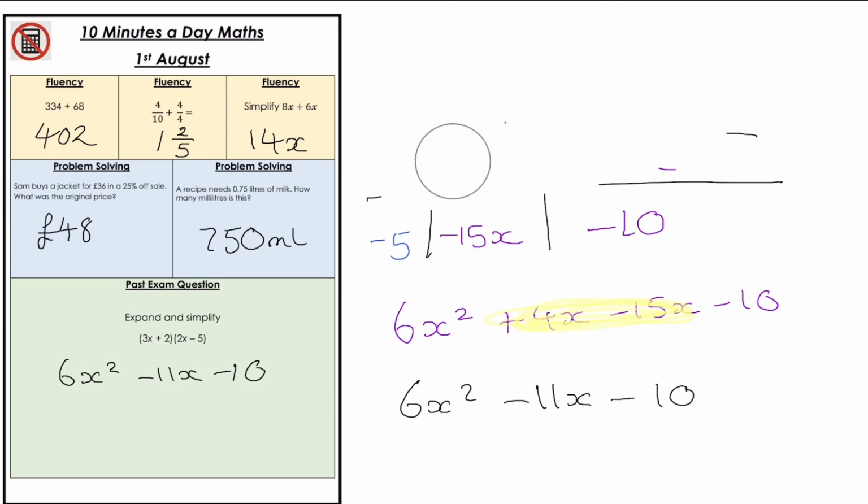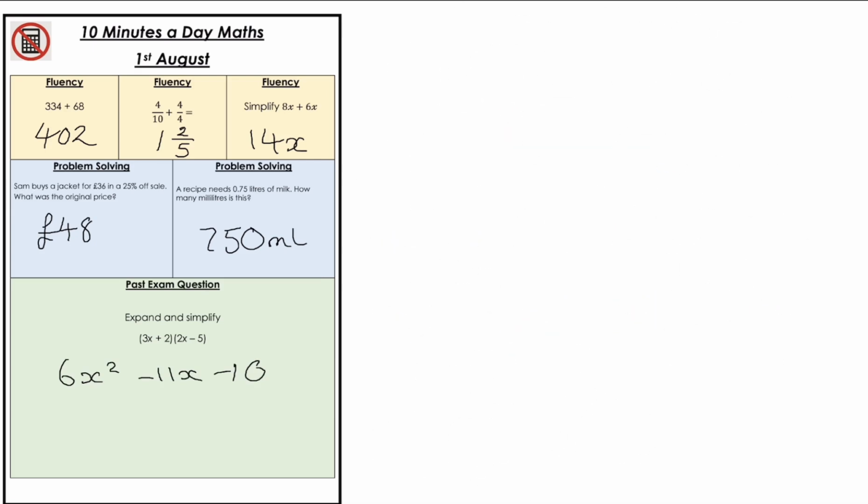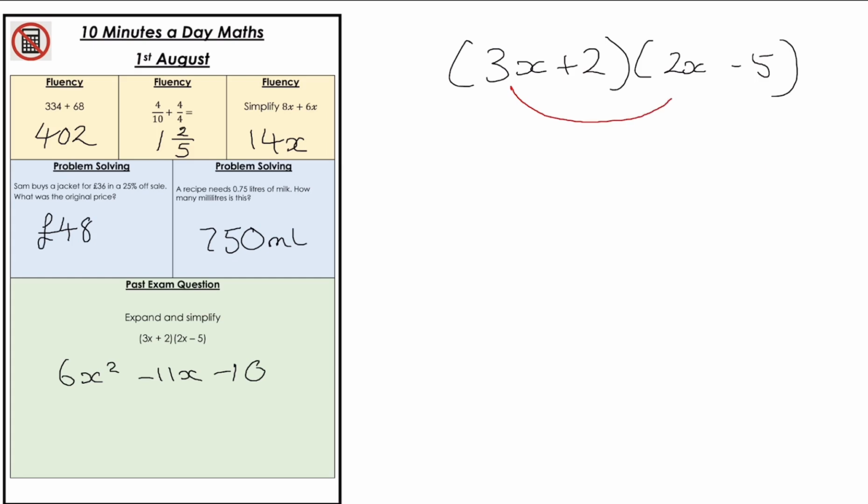The second method, okay, again, 2 methods that you can choose, is this. So we've got our 3x plus 2 and then 2x minus 5, okay? So we're going to start by multiplying what's in the first bracket. So 3x times 2x is 6x squared, and then 3x times minus 5 is minus 15x, okay?